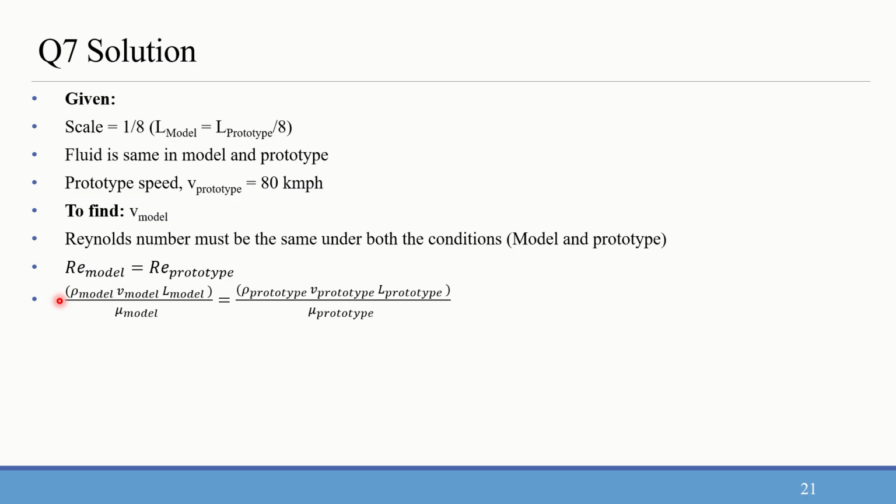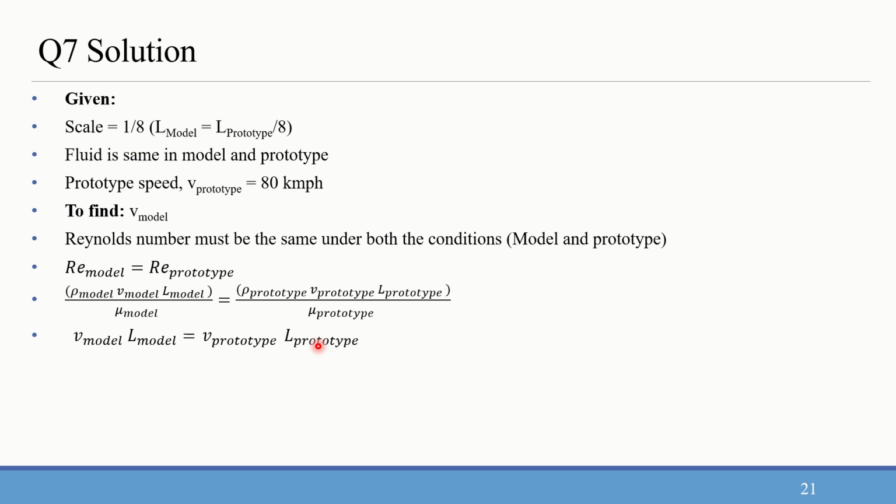It is rho v d, that is rho model, v model, L model, where d is any characteristic length. So here we are given the scale, so let us consider some characteristic length: rho model, V model, L model divided by mu model is equal to rho prototype, V prototype, L prototype by mu prototype.